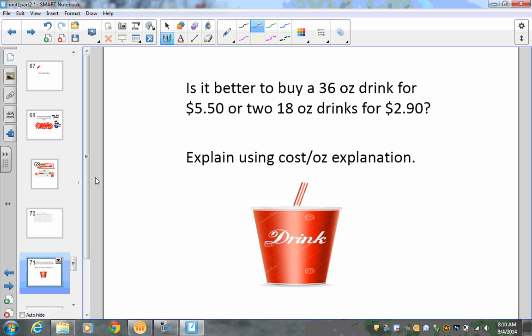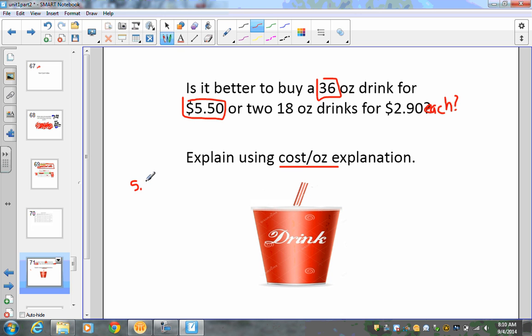The last thing I want to talk about is this one right here. If you're buying a drink, is it better to buy a 36-ounce drink for $5.50 or two 18-ounce drinks for $2.90 each? The question is, explain using the cost per ounce explanation. What I mean by that is if a 36-ounce drink is on sale for $5.50, exactly how much would just 1 ounce be?